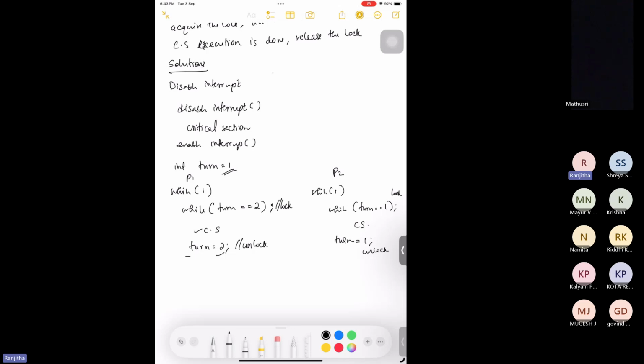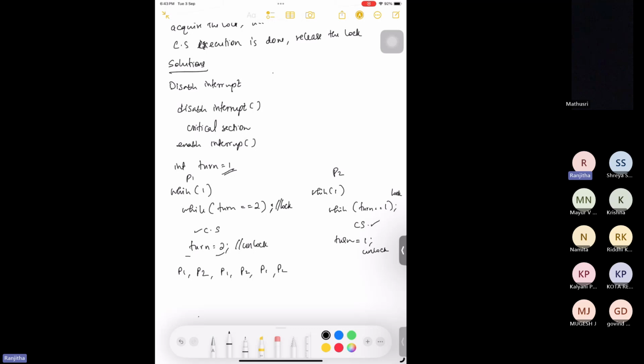So P2 enters the critical section, and once it is done, it sets turn back to 1. This locking mechanism ensures that first P1 is executed, then P2, then P1, then P2. Only one of them is in the critical section at any given point of time, so mutual exclusion is achieved.